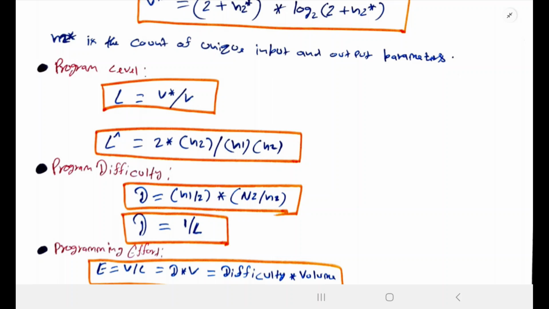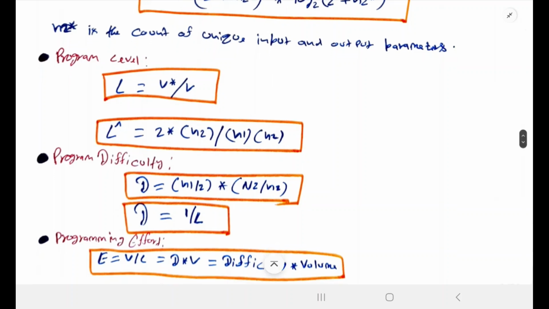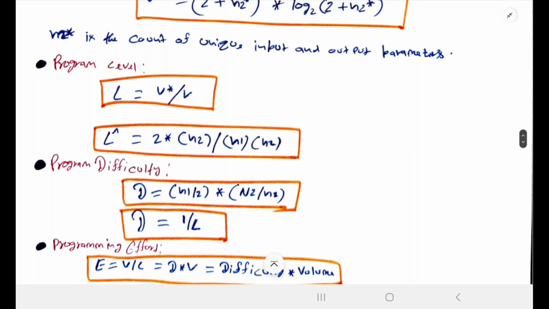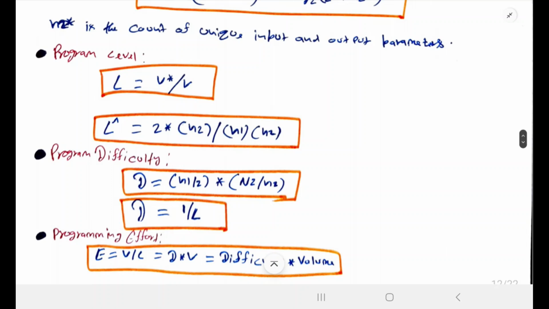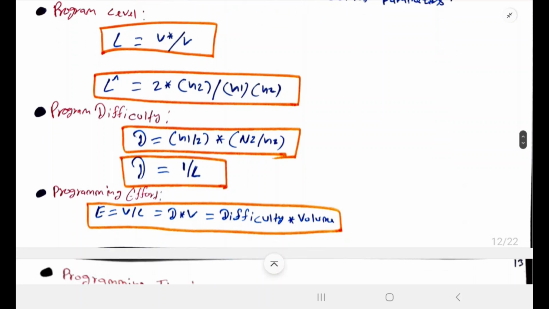The program difficulty will be calculated by D equal to n1 upon 2 into n2 upon N2, or there is a different formula, D equal to 1 upon L. By this formula, if we have the program level, then we can find program difficulty easily.